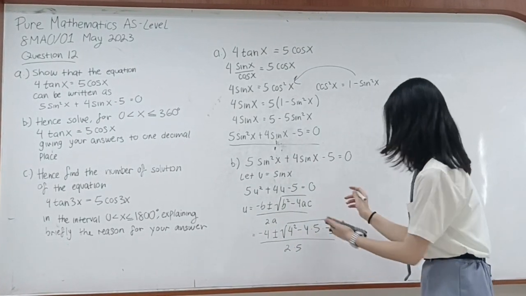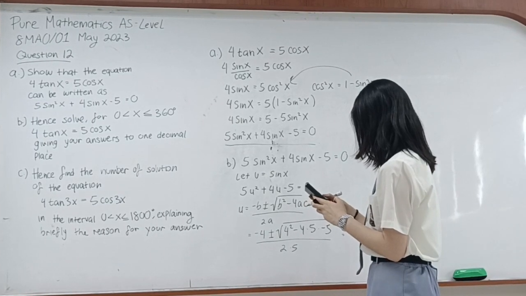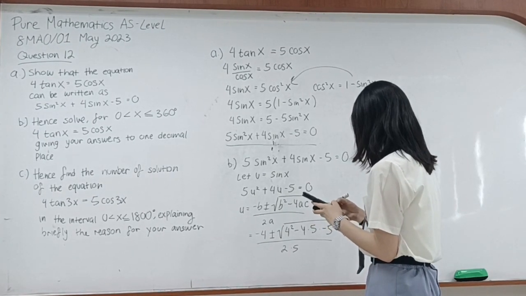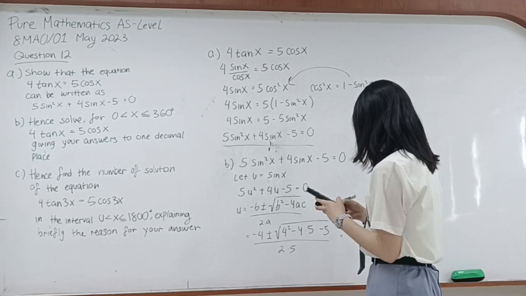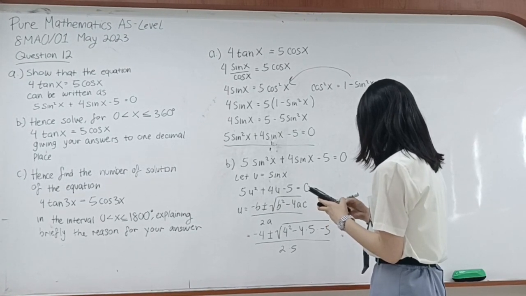And you can just input this value into the calculator. So minus 4, let's start with plus root of 4 squared minus 4 times 5 times minus 5, divided by 2 times 5.